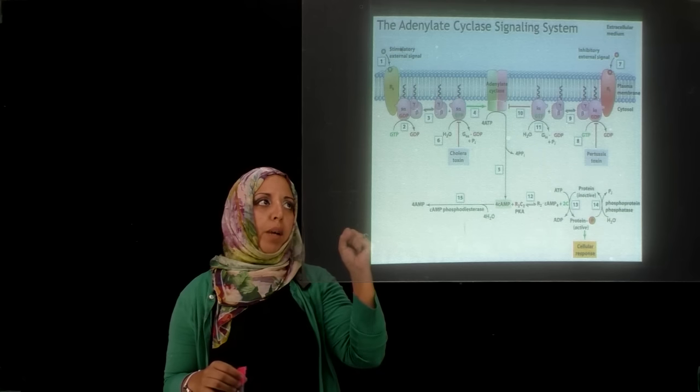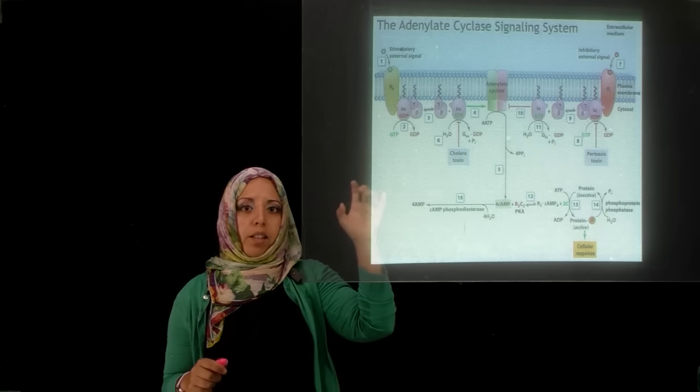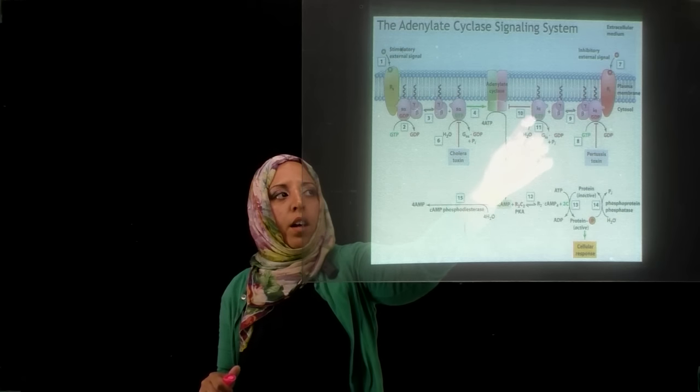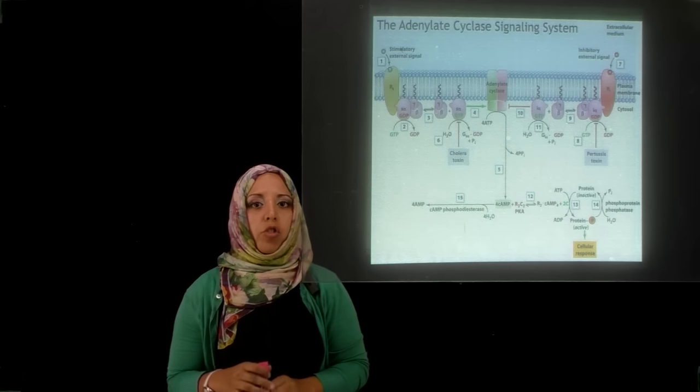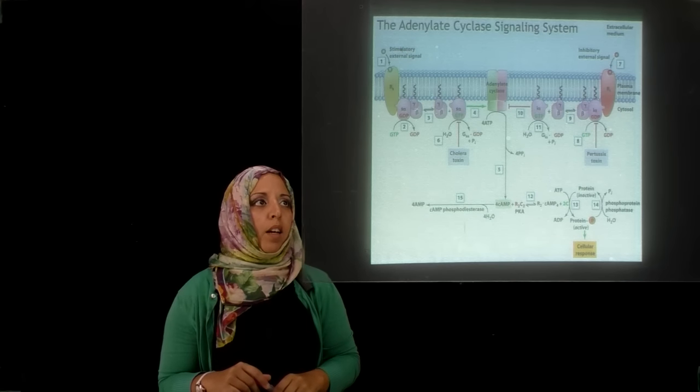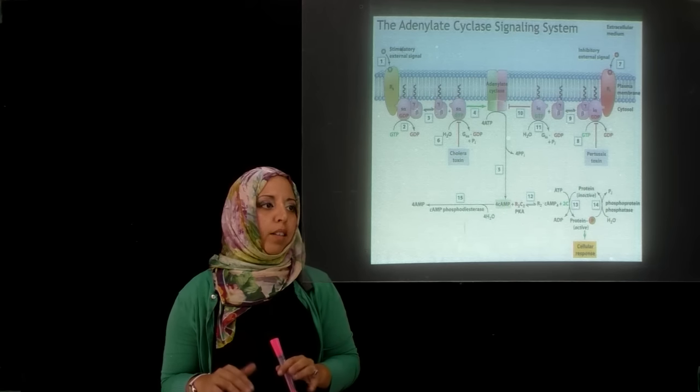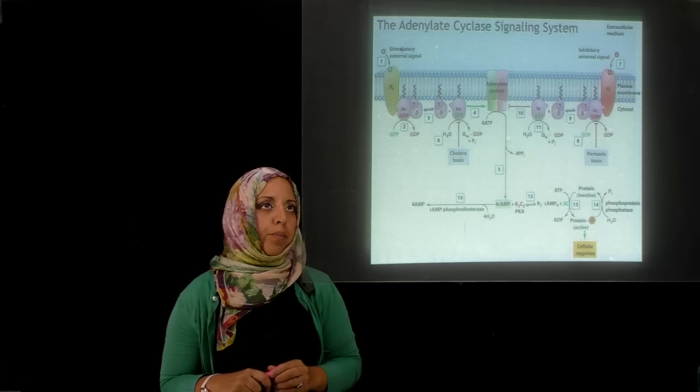But if it was an inhibitory external signal, that alpha subunit of the heterotrimeric G protein will not bind to adenylate cyclase, or will not activate adenylate cyclase.